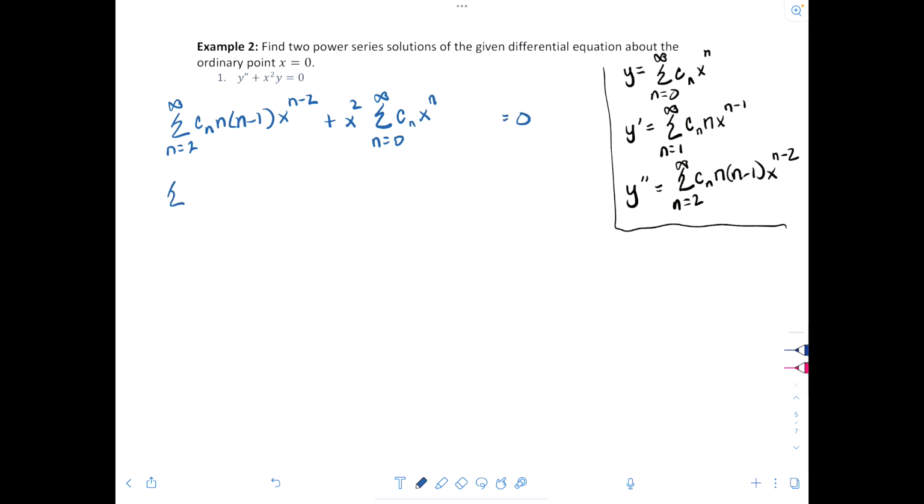So let's continue on. We'll have n equals 2 to infinity of c sub n times n times n minus 1 times x to the n minus 2, plus, bringing the x squared into the summation, n will go from 0 to infinity of c sub n, and when you bring x squared in, you'll have x to the n plus 2, and that's all equal to 0.